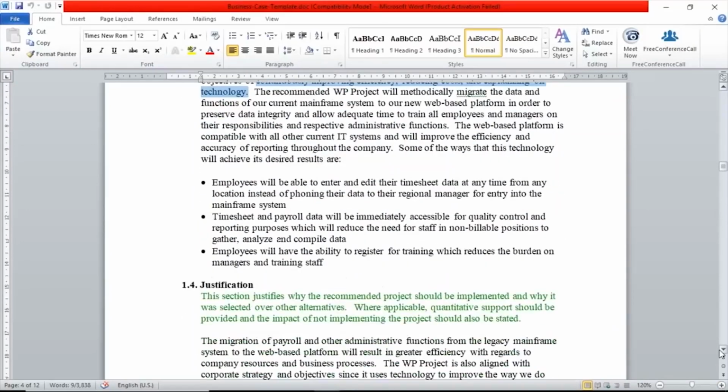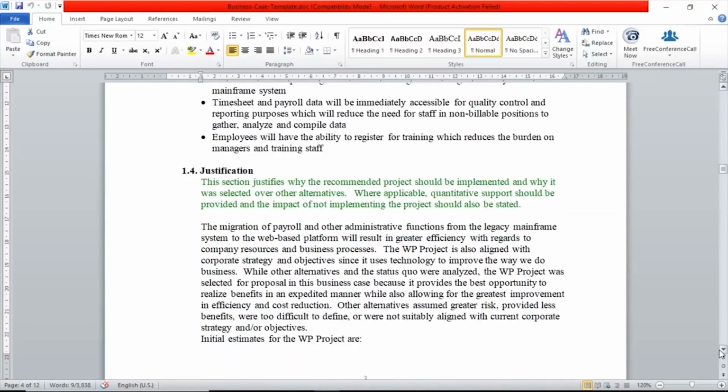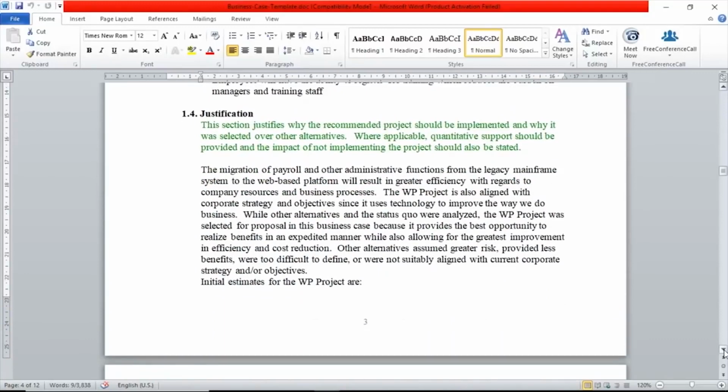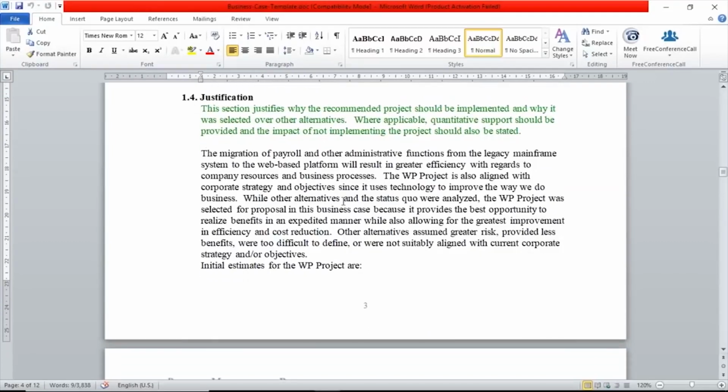So I'm sure this must have given you a zest of an idea about the problem area, why this particular project is initiated, Smith Consulting's overall objective and how this is aligned to that. Justification: the migration of payroll and other administrative functions from the legacy mainframe system to the web-based platform will result in great efficiency with regards to company resources and business process.